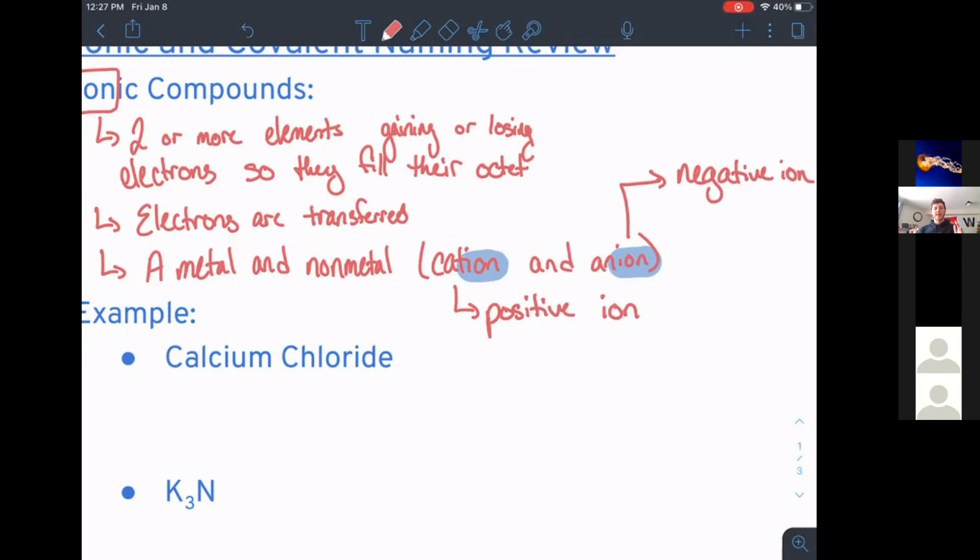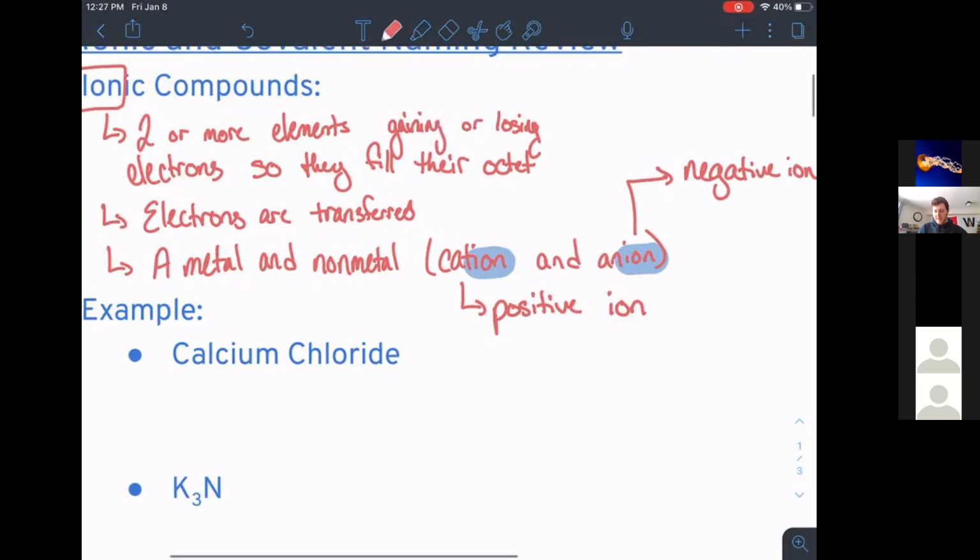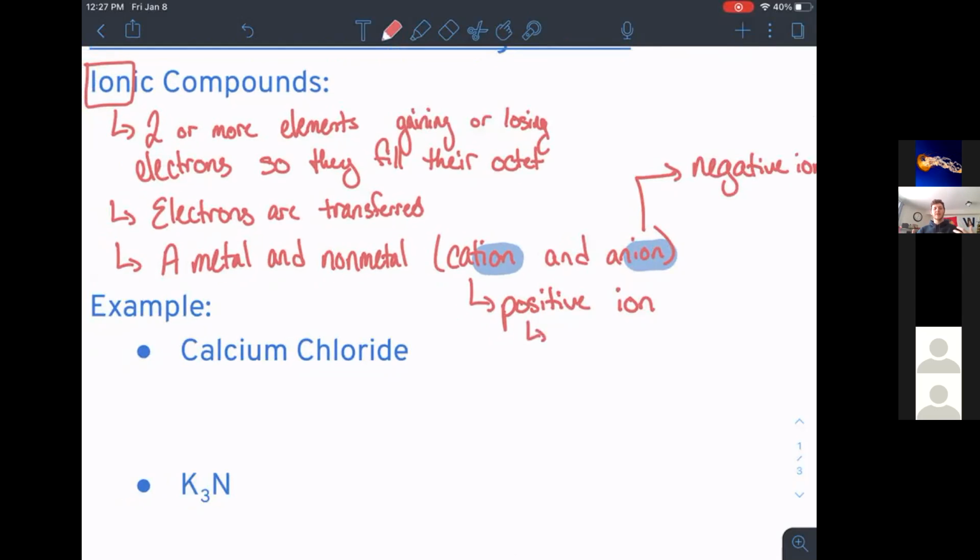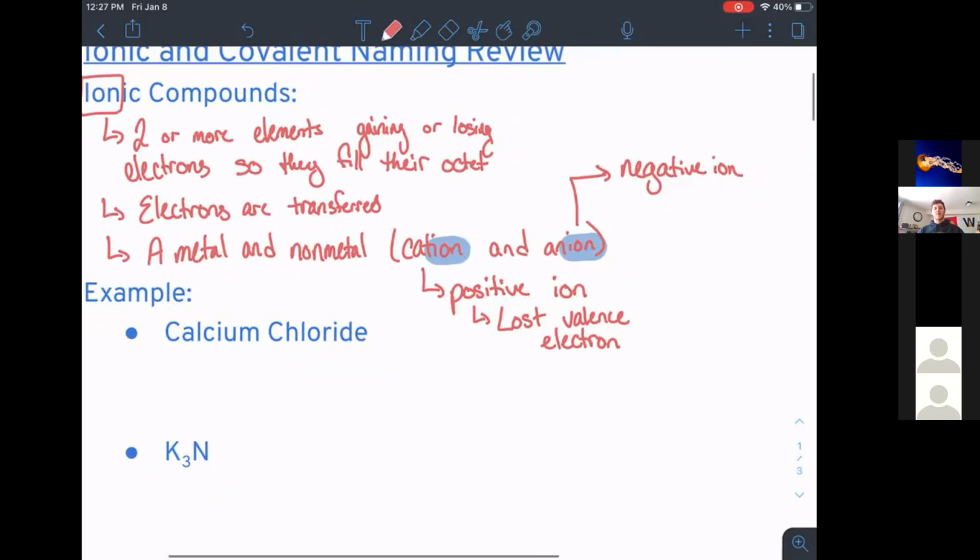And then let's remind ourselves, positive ion means did it gain electrons or did it lose electrons? It lost electrons, which means a negative ion has done what with its valence electrons? Gained.